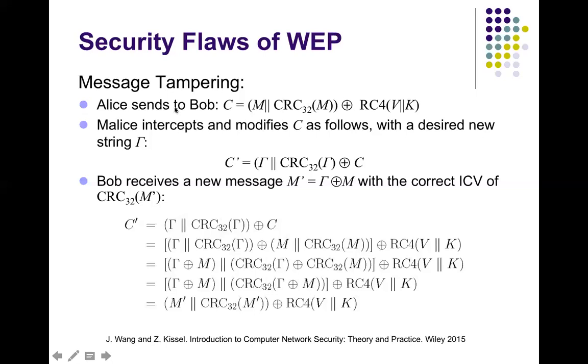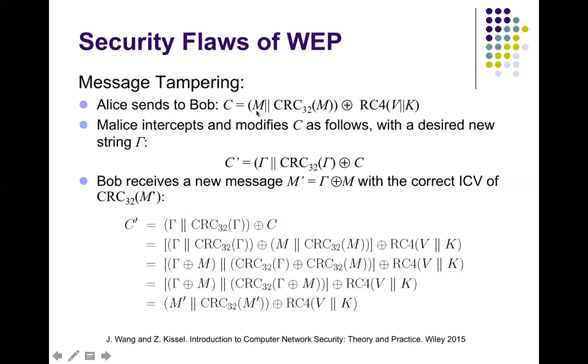Now let's see how message tampering is done. Assuming Alice and Bob are legitimate STAs, Alice sends to Bob the following packet.